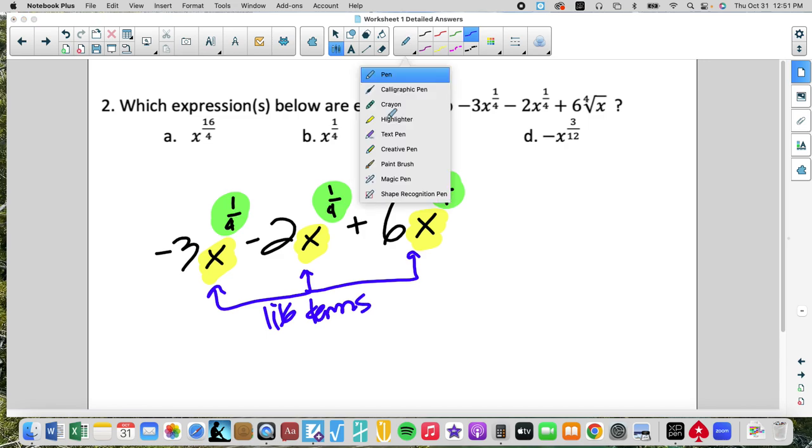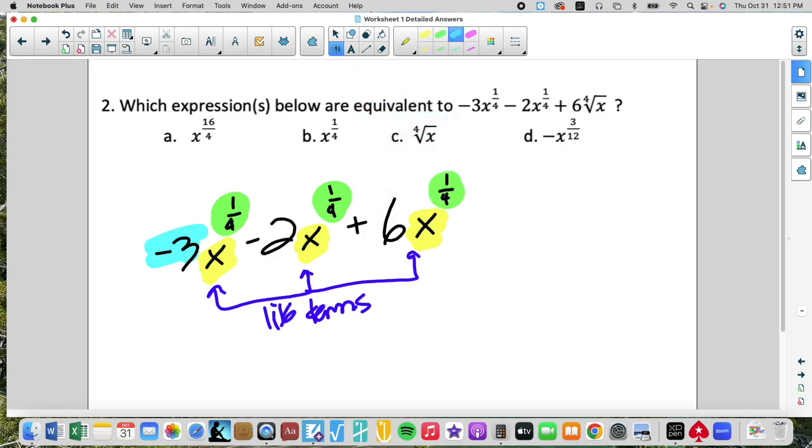So we're going to add their coefficients. Negative 3, negative 2, positive 6, which leaves me with positive 1. So that equals x to the 1/4. We wouldn't write 1. So you have x to the 1/4, which is in exponential notation. So this is okay. That's an answer.